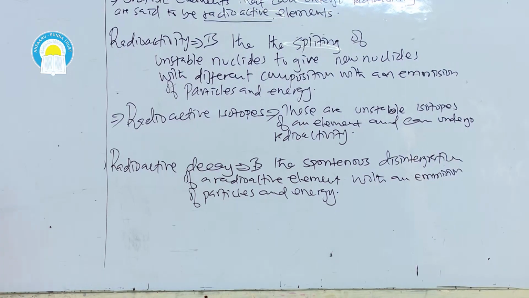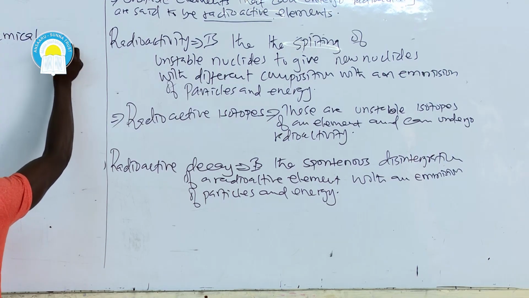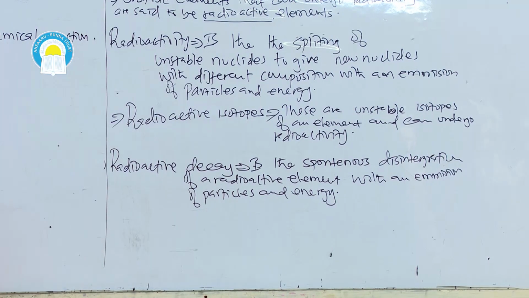We make it in table form. Here we have nuclear reaction, and here we have chemical reaction.